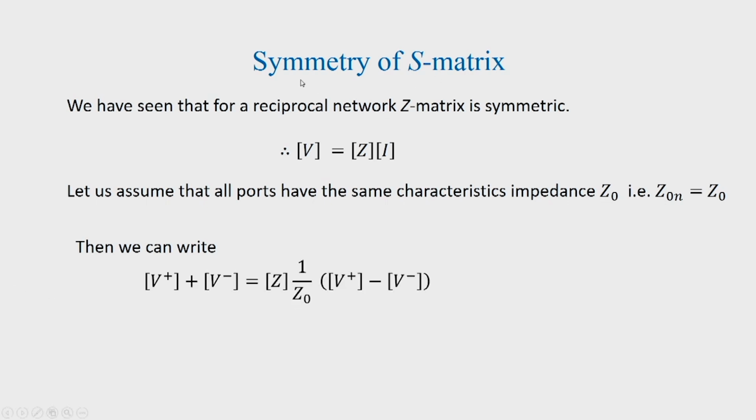So, we can write V matrix as V plus plus V minus, and I matrix we can replace by 1 by Z naught times V plus minus V minus, and that can be written as Z dash times V plus minus V minus.